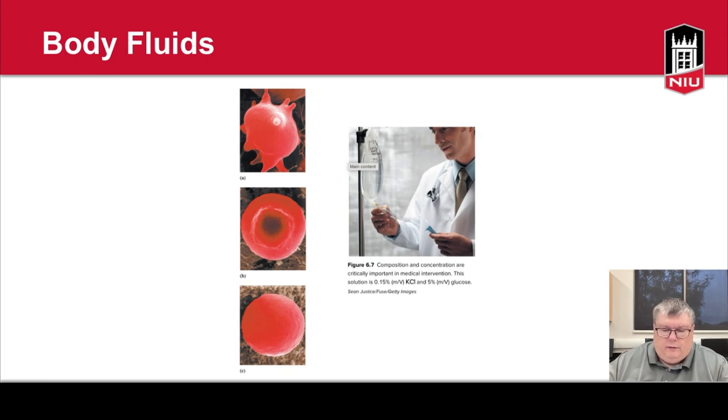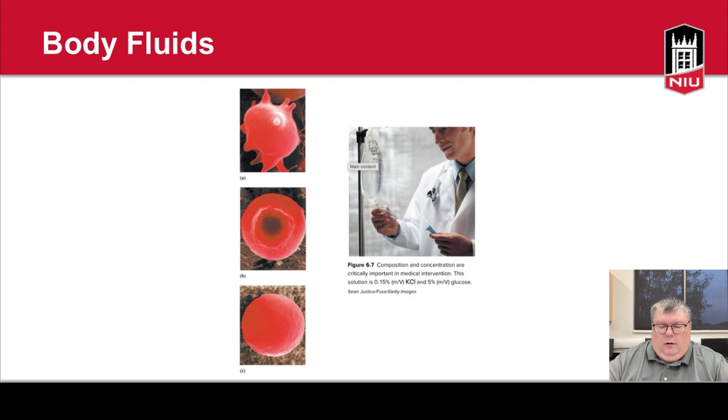Now, why is this important? As I said, there's a biological aspect to this. The osmolarity of a solution has to be of a certain range in order to be biologically compatible. So, for example, if I had an IV, a 0.15 molar mass to volume potassium chloride and a 5% mass to volume glucose solution are isotonic to each other, meaning they have the same osmolarity.